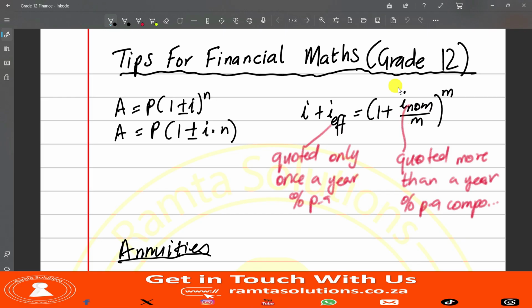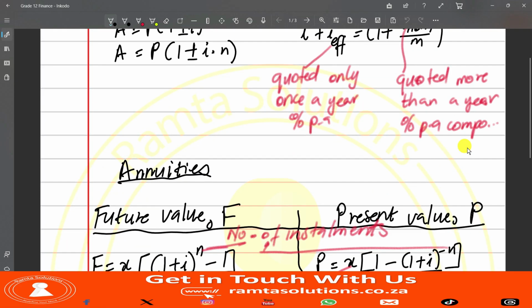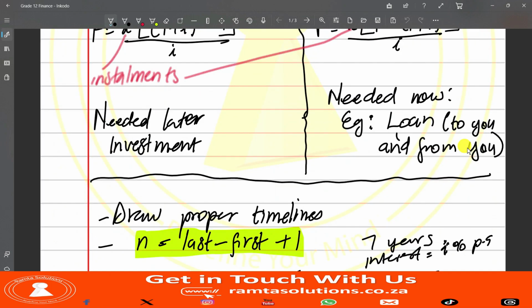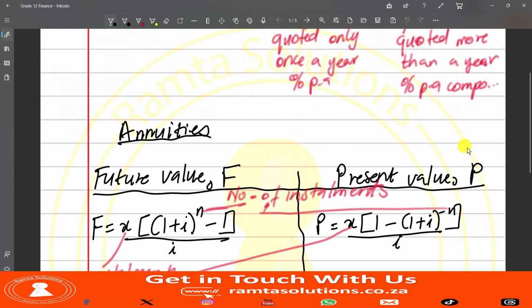When you hear compounded, that's nominal. When you hear just percentage per annum, that's effective. So it's important that you read your questions, guys.